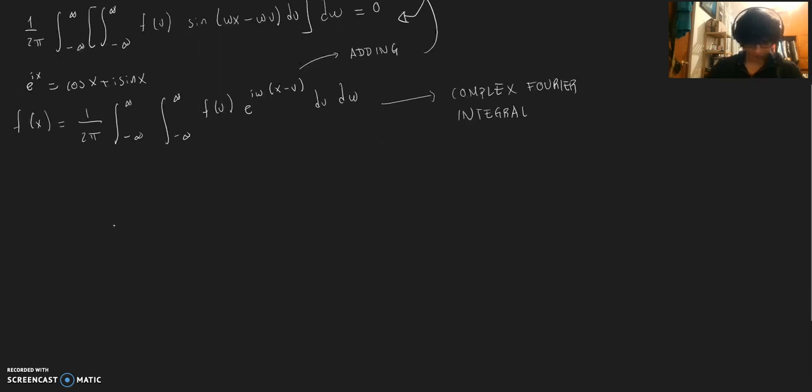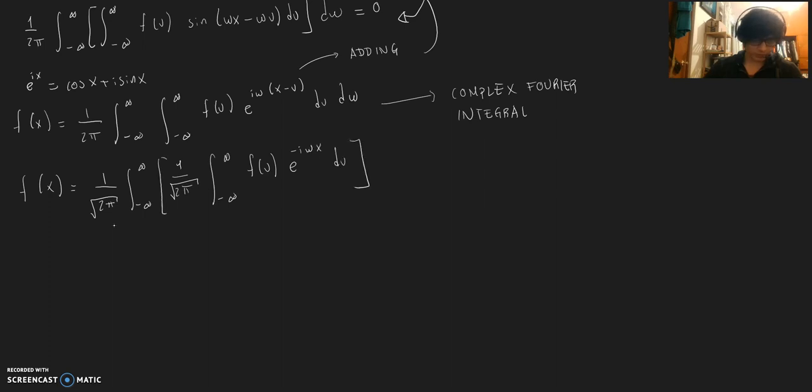But also we can separate this exponential as a product of two exponential functions using something like this: 1 over the square root of 2 pi, multiplied by the integral from minus infinity to infinity of f of v times e to the minus i w v dv, and all this multiplied by e to the i w x.